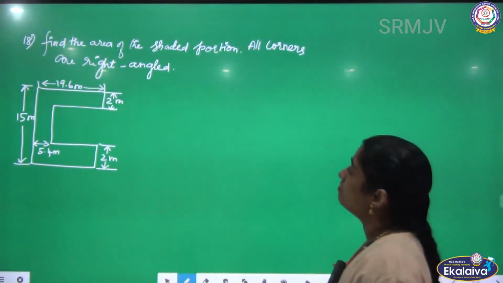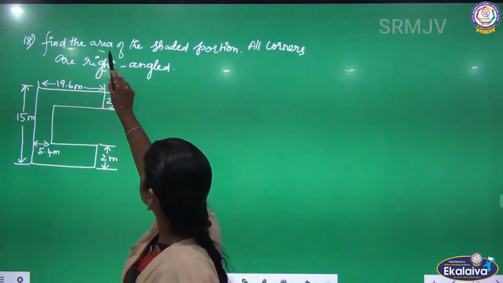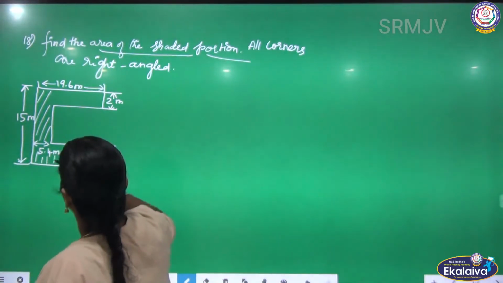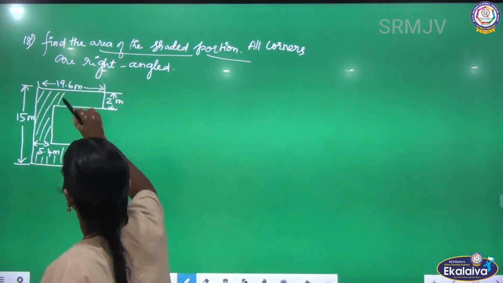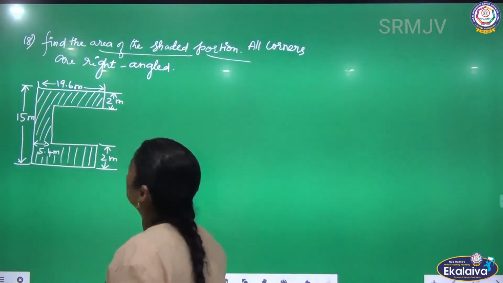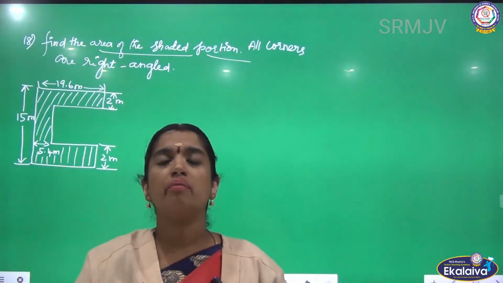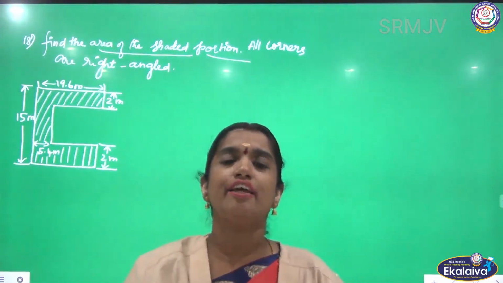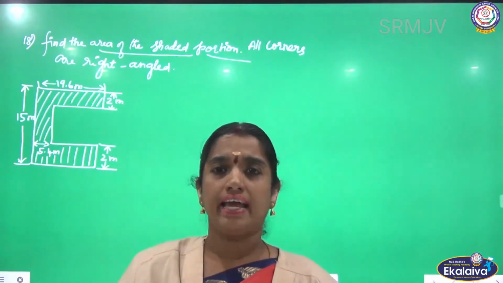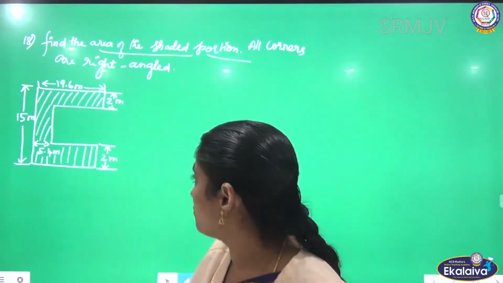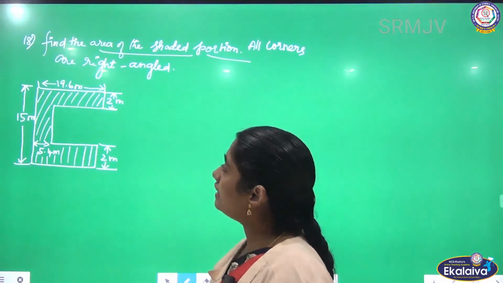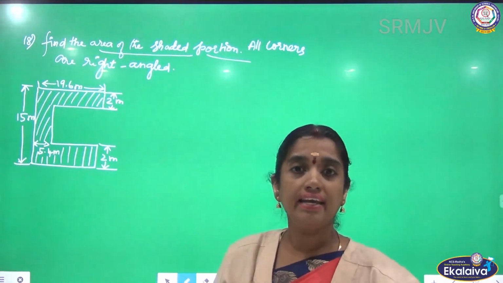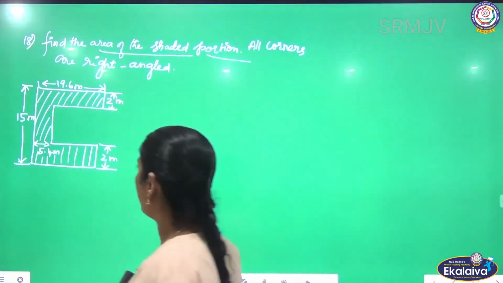See here, find the area of the shaded portion. This is your shaded portion which is given in the question. If I am going to find the shaded portion, it means area of the outer rectangle minus area of the inner rectangle. First we write the outer rectangle's length and breadth, and then the inner rectangle's length and breadth.